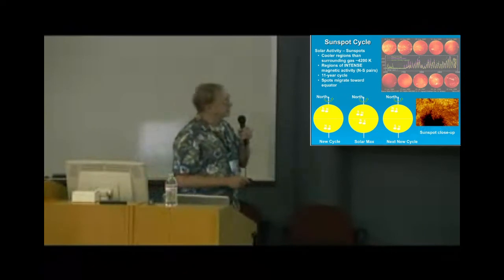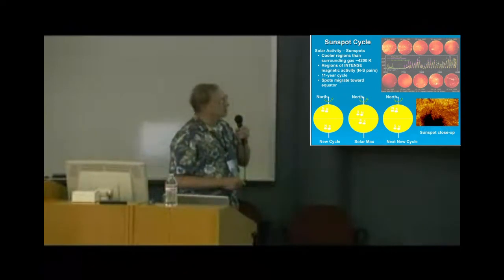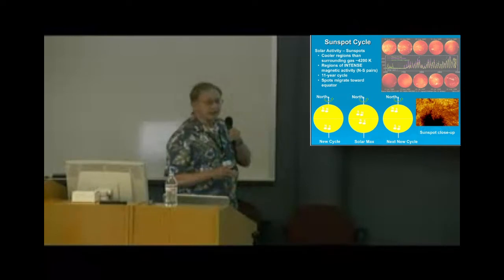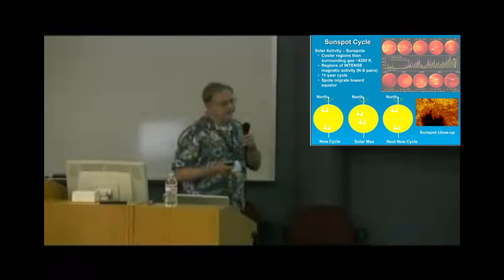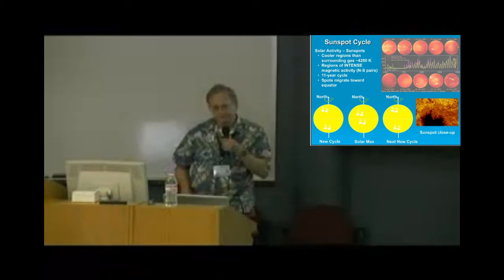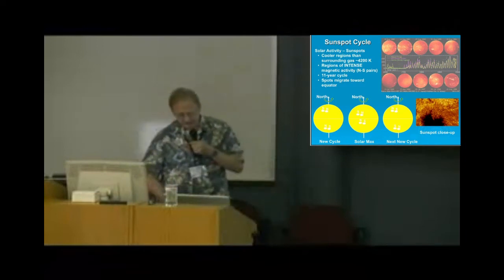And then when the cycle ends, you go through the minimum, you go back to the active cycle, then these pairs seem to switch in polarity. So there's really a 22-year cycle and not an 11-year cycle, because at the end of the 11-year cycle, you've got the switched polarity, which is kind of a different situation. So overall, there's this 22-year cycle.